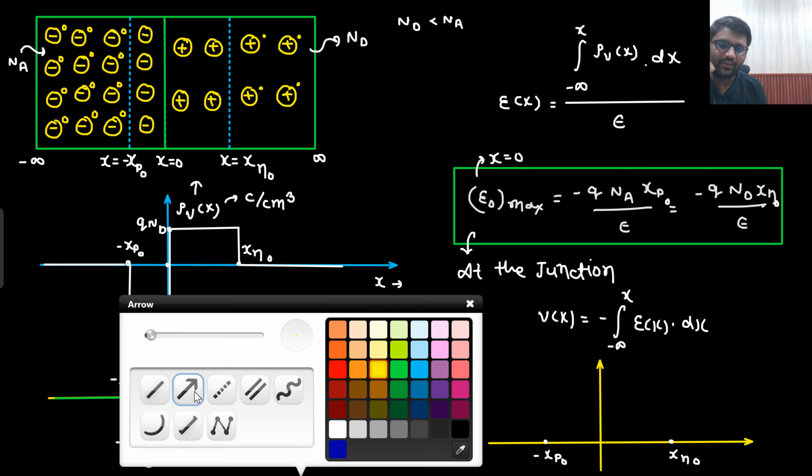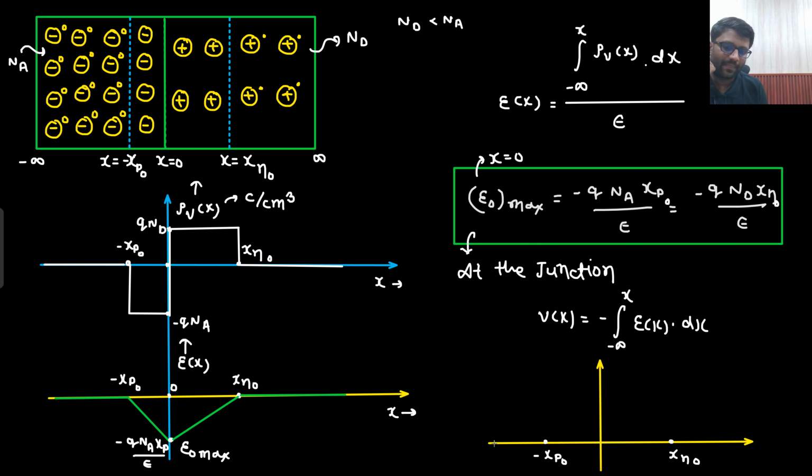So till this point, everything I will be getting is 0. All good. After that, what will happen? Negative area would come into action. So I am calculating the area. Here, here, here, it will keep on increasing. Again, negative area is coming into action, so the area will keep on increasing.